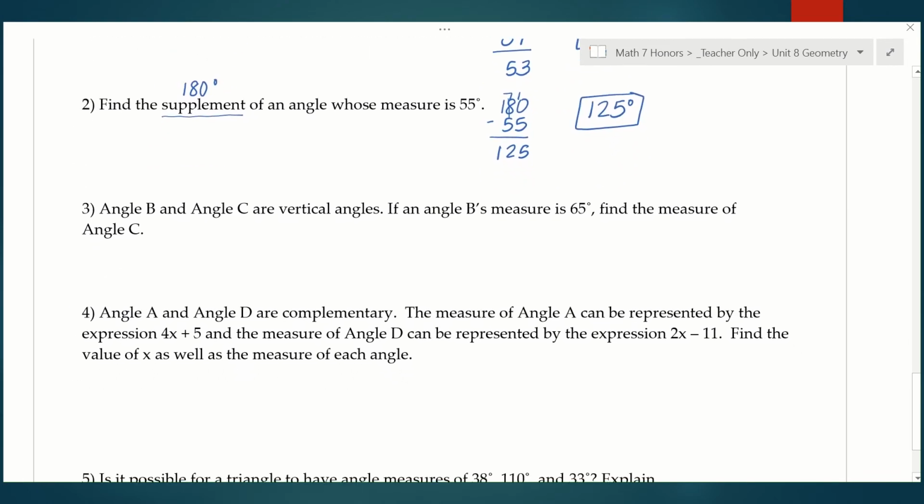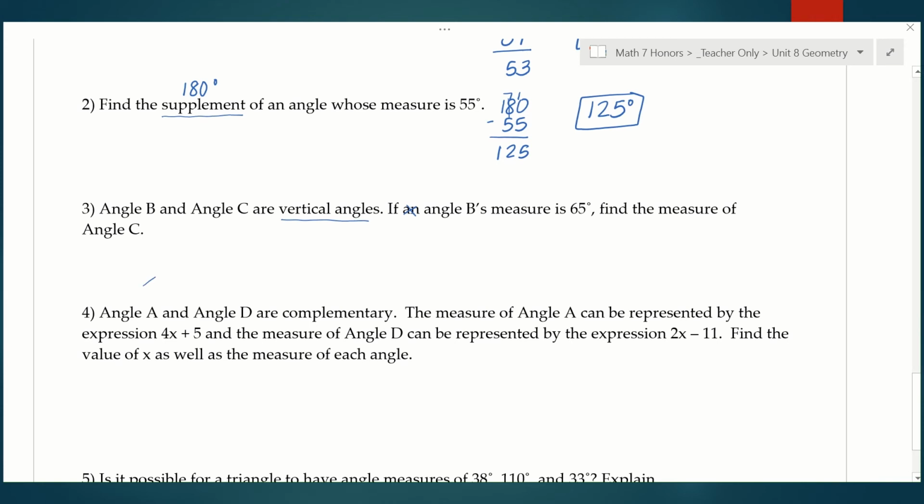Okay, number 3, angle B and angle C are vertical angles. If angle B's measure is 65 degrees, find the measure of angle C. Okay, so if you remember back to our lesson about types of angles, vertical angles mean that they are across from each other and they are congruent.